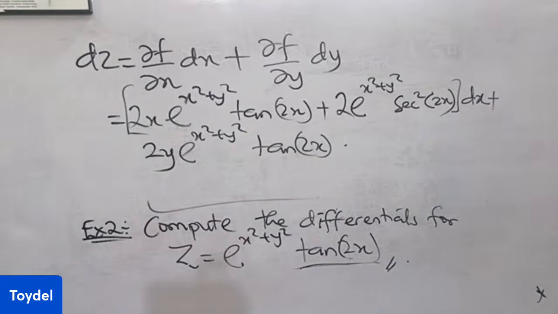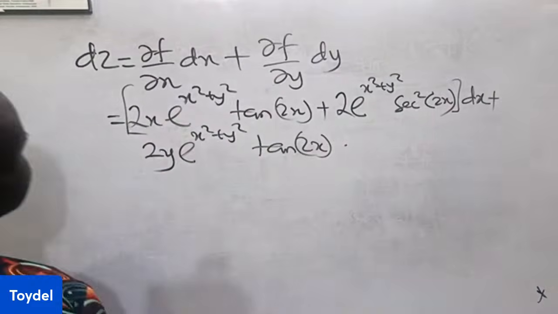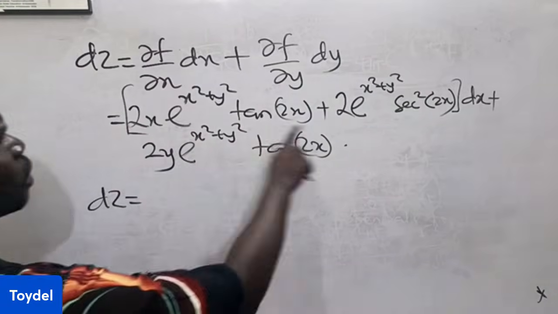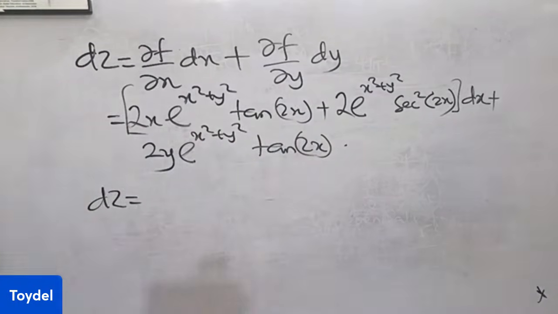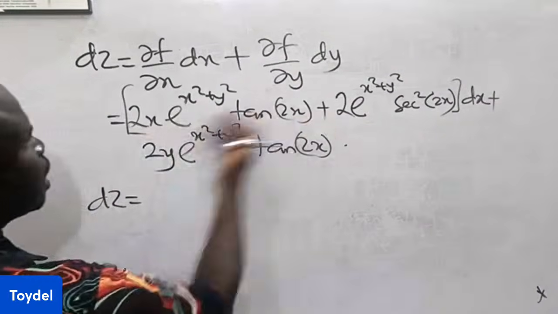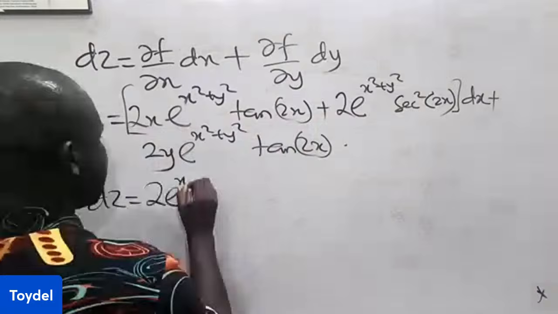So the differentials that we have to compute is what we have done on the board. I can just go ahead and rewrite this. So dz, which is the differential, will now be: 2 is common, and exponential of x squared plus y squared is also common. We might leave our answer in this form, or we can bring x squared plus y squared into brackets.